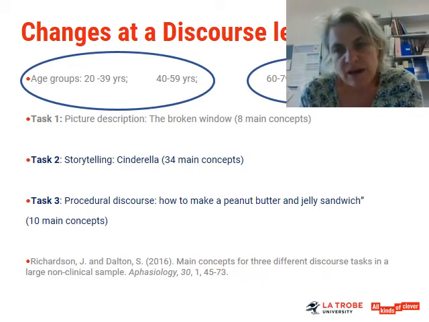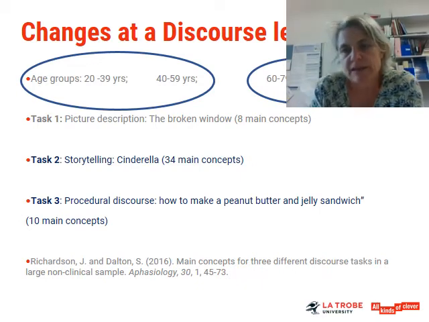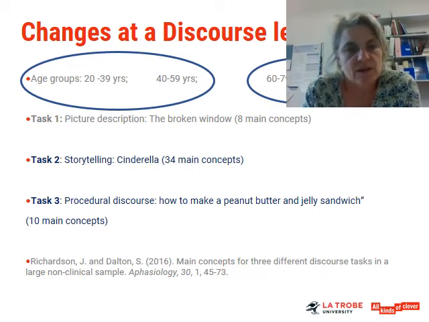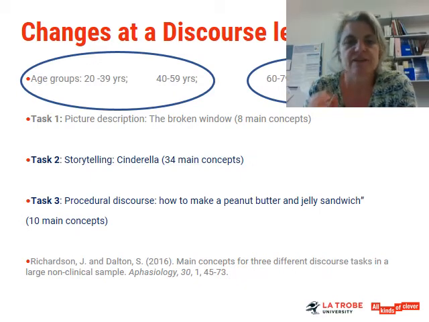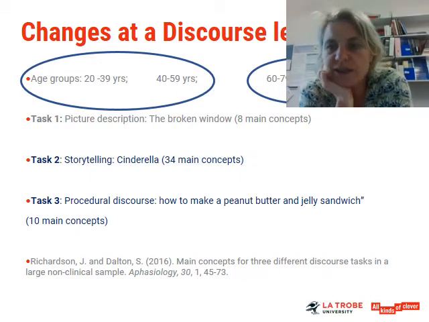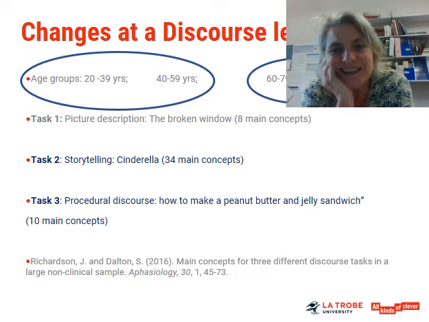And in thinking about why those differences might have been, they thought about how different these tasks were. If you think about it, the picture description task of the broken window is quite easy in that it's a very short story.